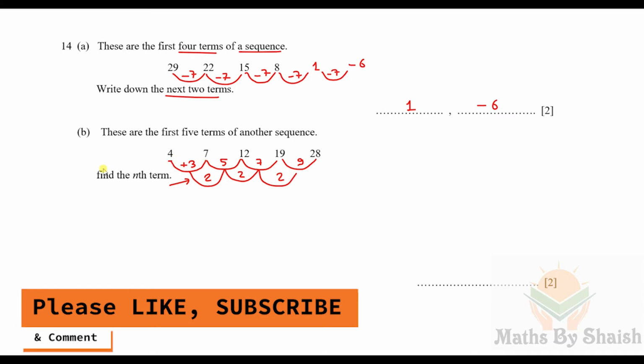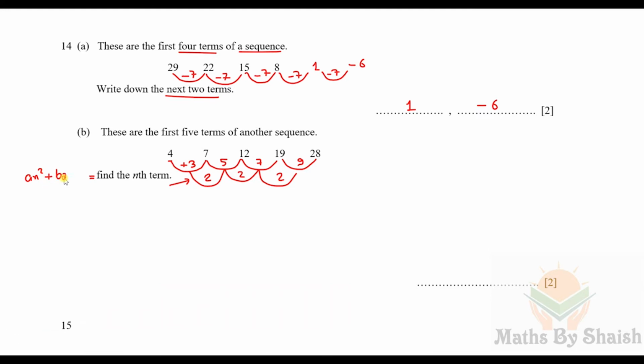The nth term will come with the n square. So we can take it as an square plus bn plus c. A, b, c are some constants, and we can do it in two ways. I'll tell both. We can see it is n equals 1, 2, 3 because they are the first, second, third, fourth and fifth term.